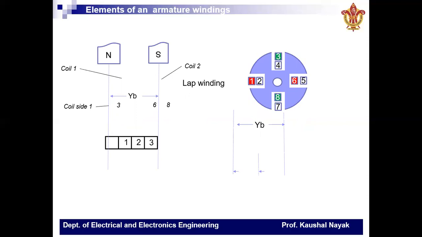In commutator machines having closed windings, the coil sides for convenience are numbered as illustrated. Note that the top coil sides are numbered odd: 1, 3, 5, 7, etc., and bottom coil sides are numbered even: 2, 4, 6.